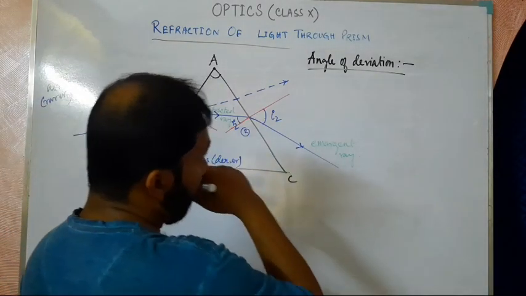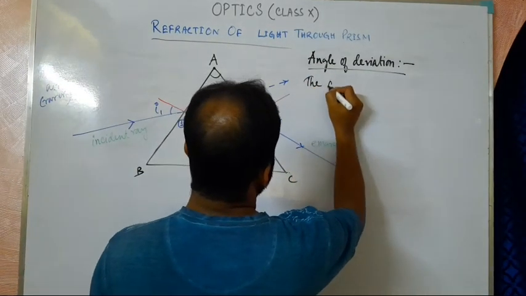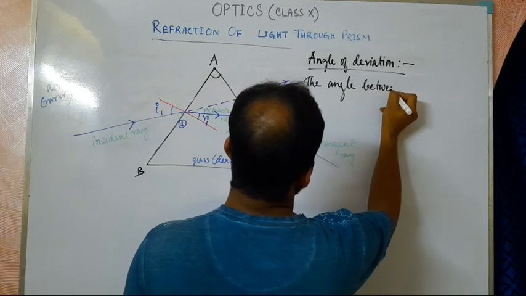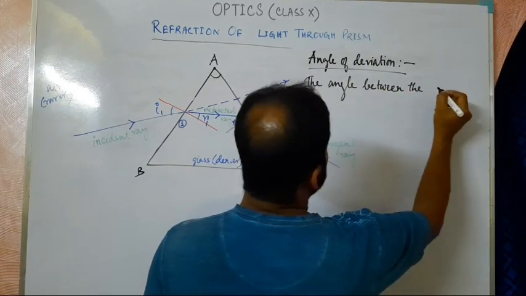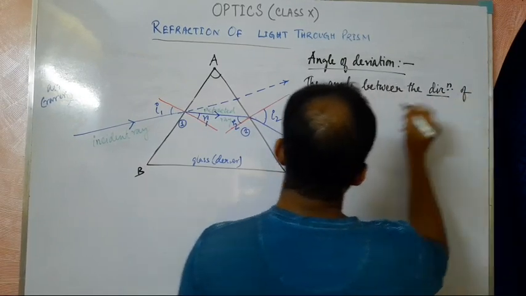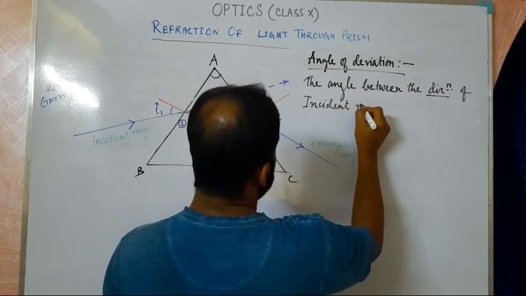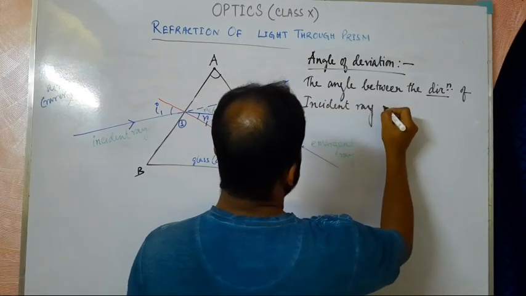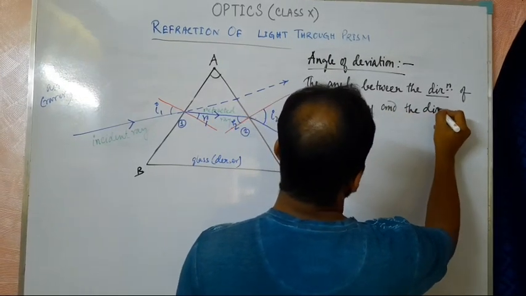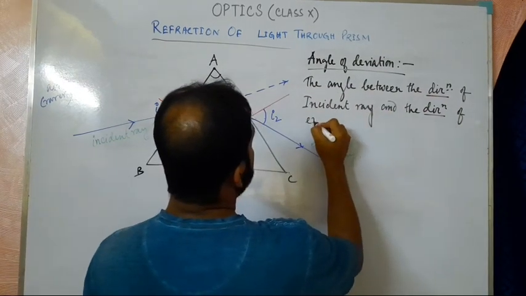It actually means the angle between the direction of the incident ray and the direction of the emergent ray.